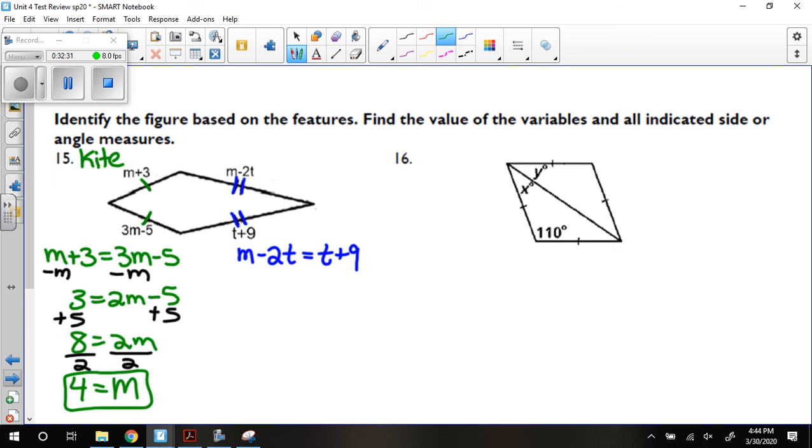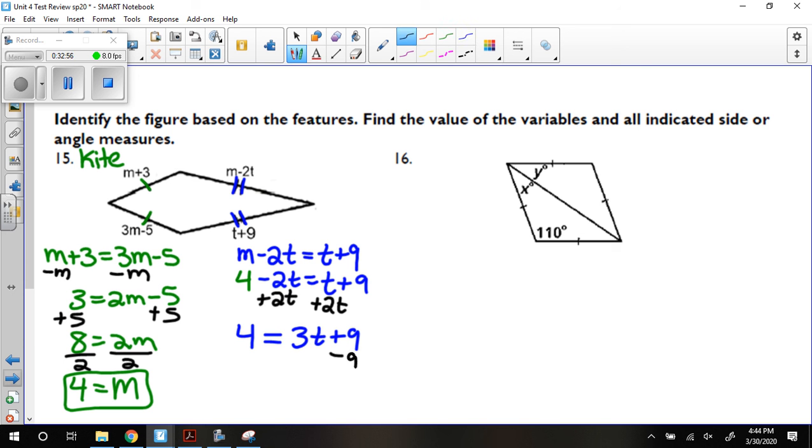All right, now that I know my m is 4, I can plug it into my equation up here. So 4 minus 2t equals t plus 9. We can subtract. Nope, we want to add 2t. It's always good to have a positive variable. So we've got 4 is now equal to 3t plus 9.